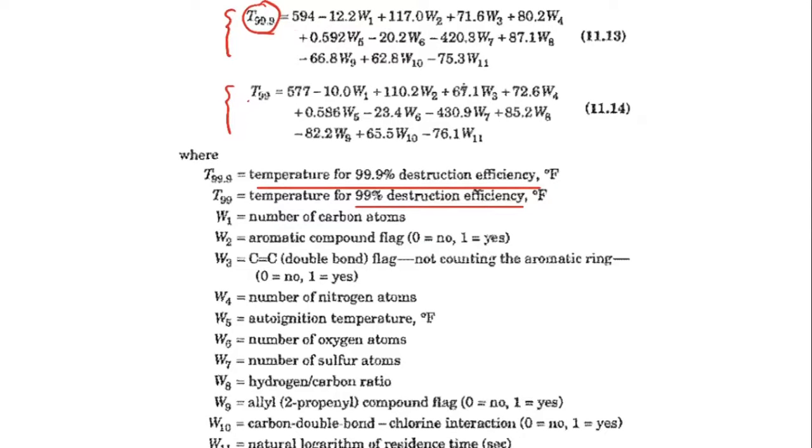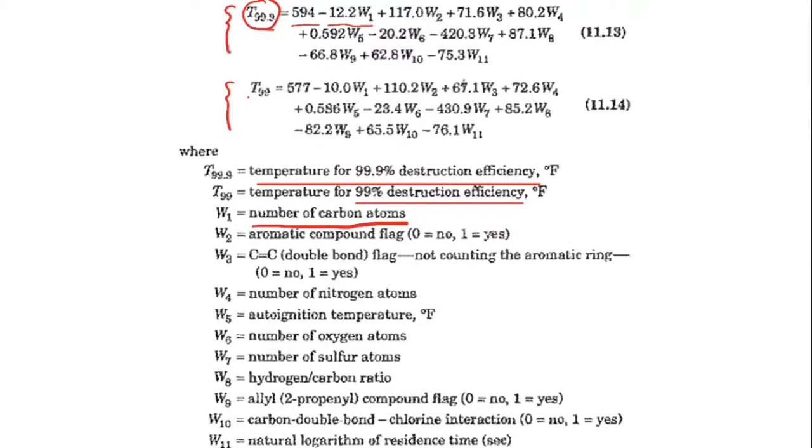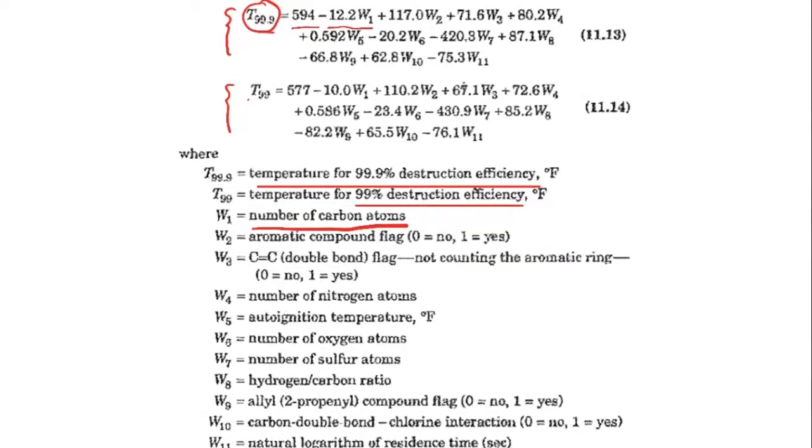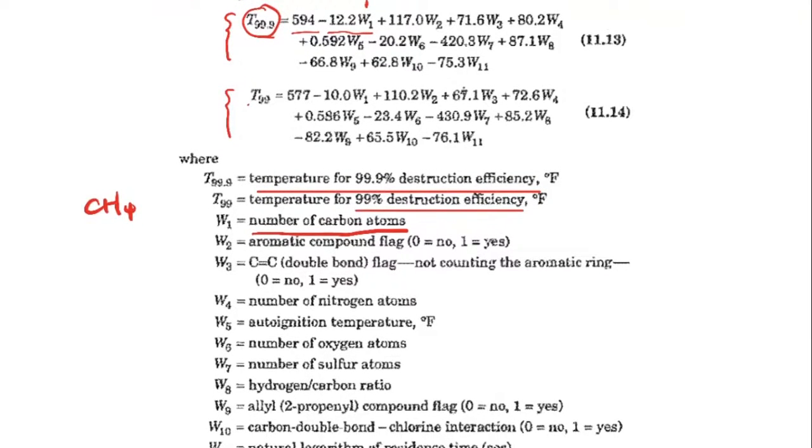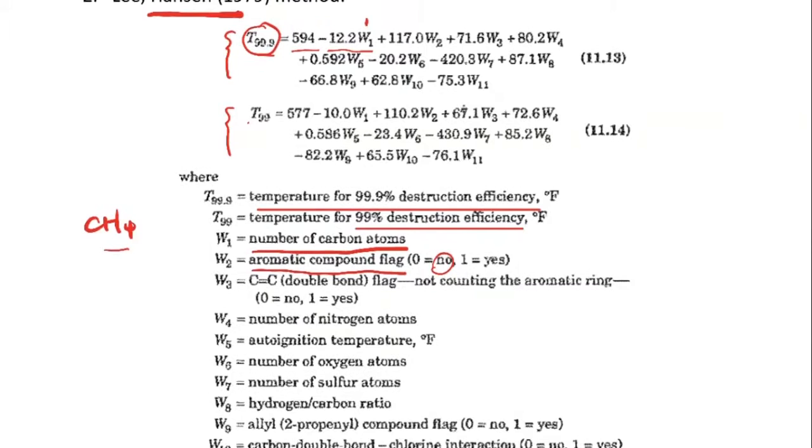We have 594 minus some term, W1. W1 means the number of carbon atoms in the system. So let's say we talk about methane again, okay? If that's the case, then W1 is going to be equal to 1, okay? And we have W2, which is the aromatic component flag. There's no aromatic in methane here, right? And W3 is the carbon-carbon double bond.